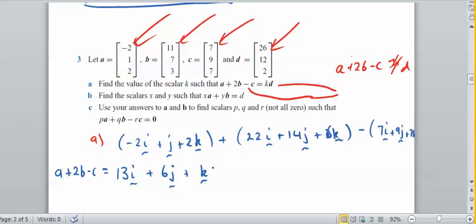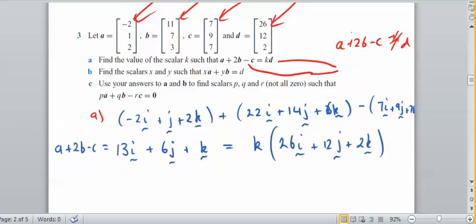And that is equal to some constant k times d, which is 26i plus 12j plus 2k. So what's k equal? Yeah? So therefore, k is equal to a half.